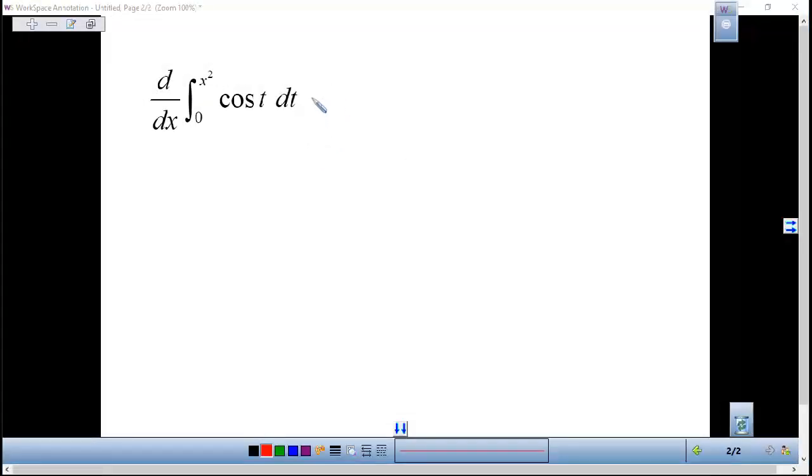All right, now this one's a little different. Here, we actually have to do this, and I'm going to show you the long way first, and then I'm going to get you to figure out what the deal is. So once again, if we take the antiderivative of cosine t, we got d dx of sine t evaluated from 0 to x squared.